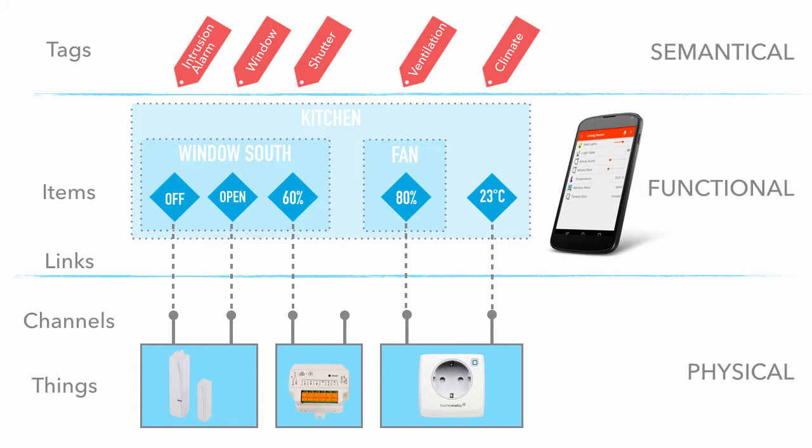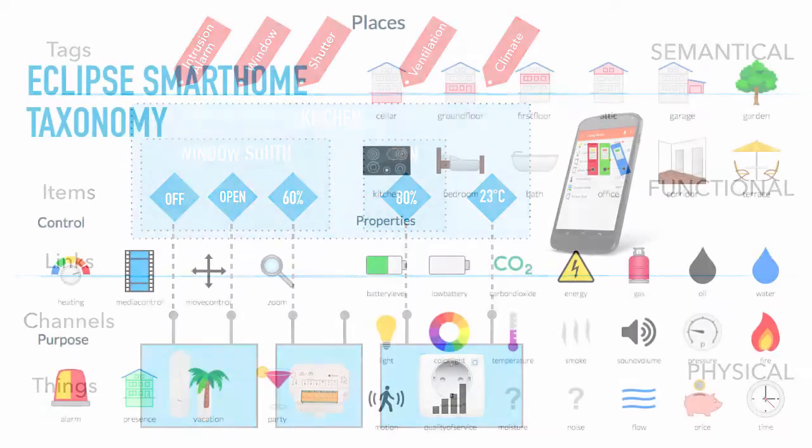We see that Eclipse SmartHome has the technical foundation to provide every information that is required to have full interoperability, because we have a full description of the technical aspects as well as the semantic aspects of a system.